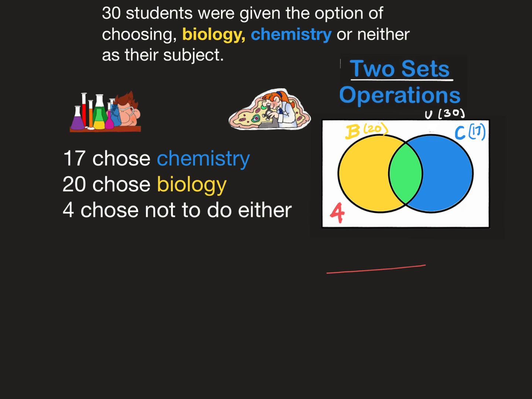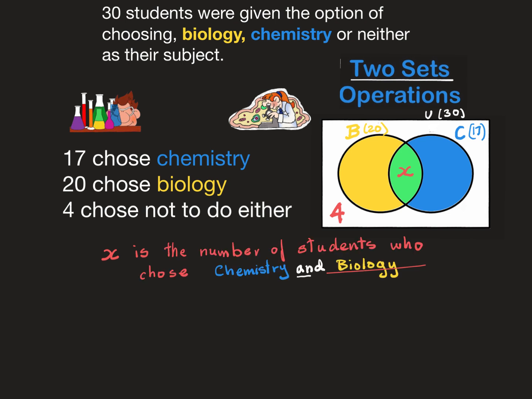We will choose a value x, where x is the number of students that chose both chemistry and biology. And I'm always very careful to add that word "and," chemistry and biology.